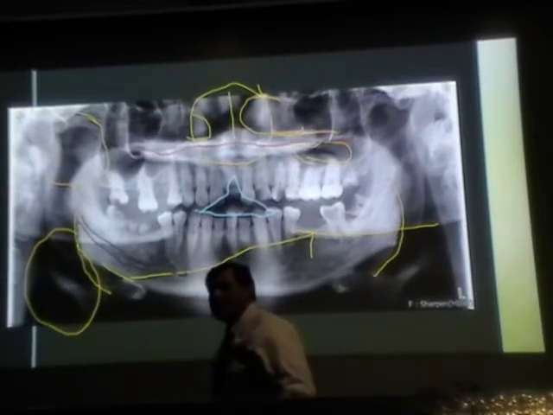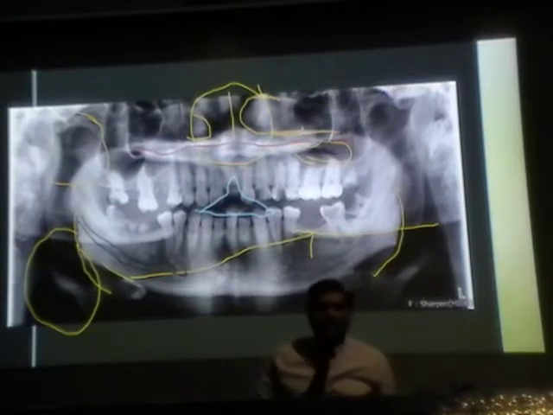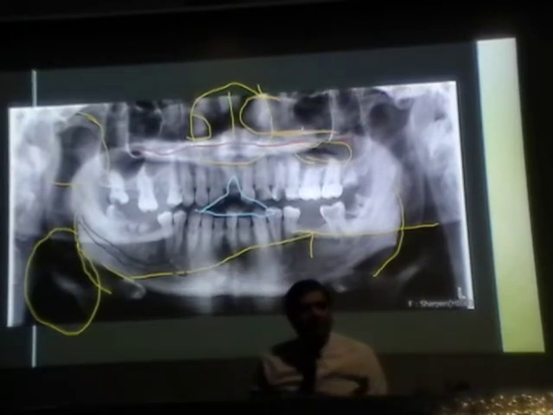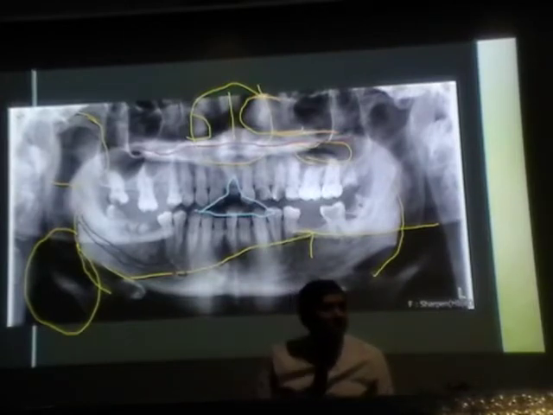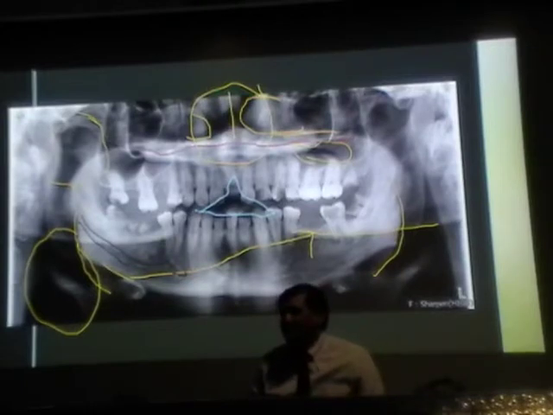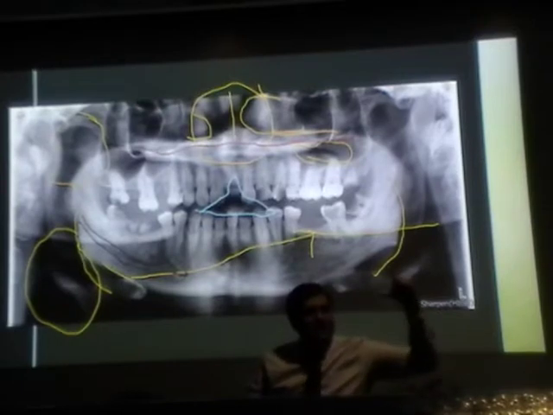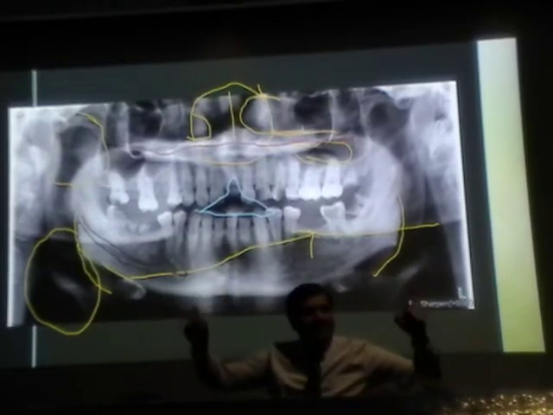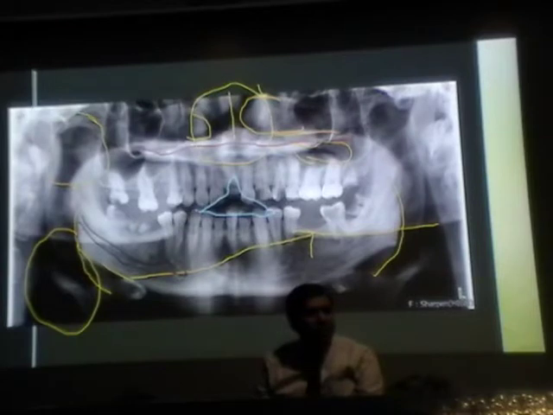What do you call the second cervical vertebrae? There is something pointing out. Starts with letter D, four letters, ends with letter S. S like in Sam.